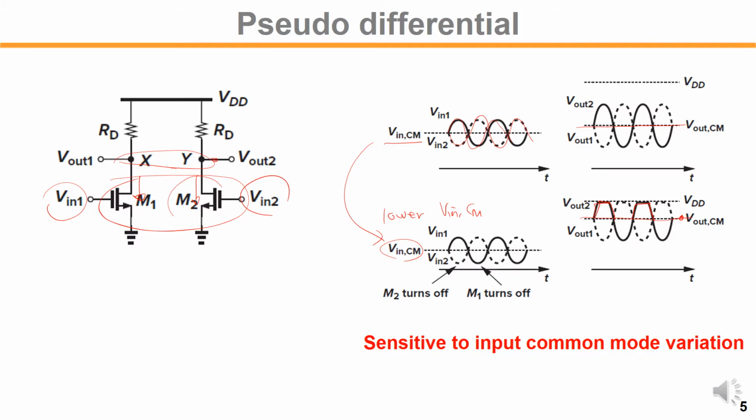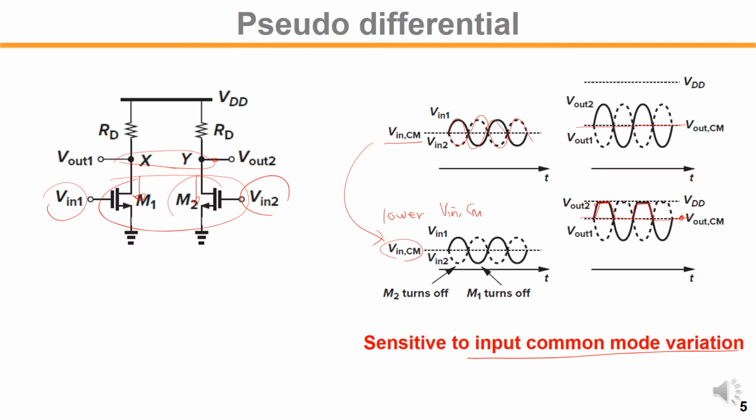So this kind of pseudo differential circuit is very sensitive to input common mode variation, and also noise. If there's any noise on that, it will actually affect the signal performance.